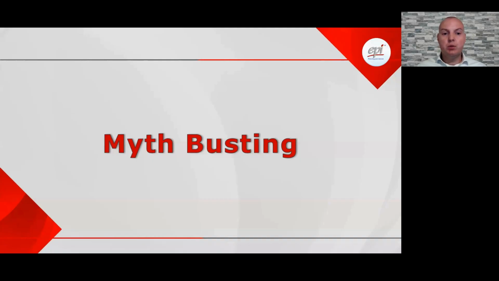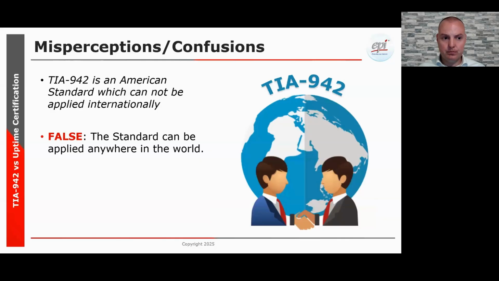Let's get down to some myth busting, because there's a lot of confusion in the market. The first one that I want to address is that the TIA-942 is an all-American standard, which cannot be applied internationally. No. Maybe from the early days, from 2005 when it was first released, it had some USA-centric stages in it.